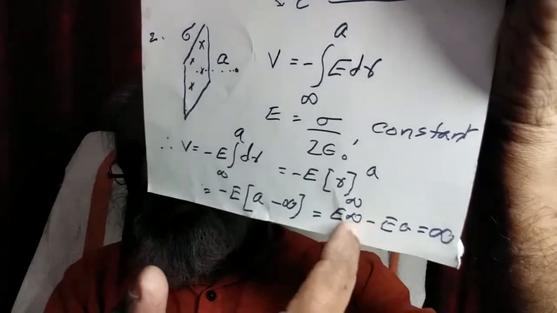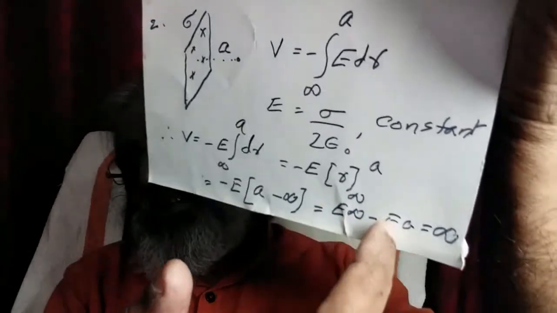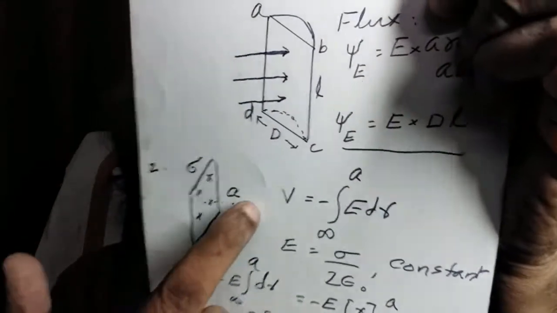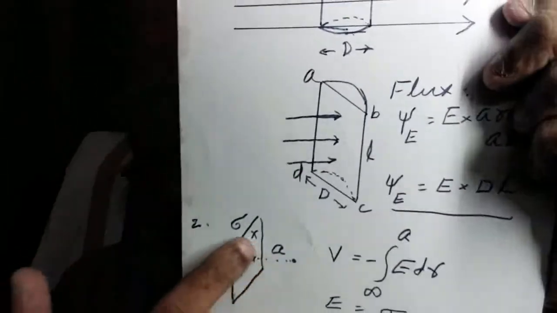E into infinity is infinity, infinity minus Ea is still infinity. So the answer is infinity, or the absolute potential at a or at any point near a charged plane sheet is always infinity. That is the answer. But the potential difference is another case.